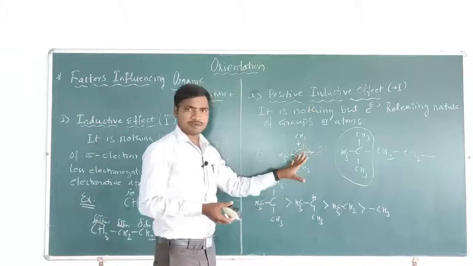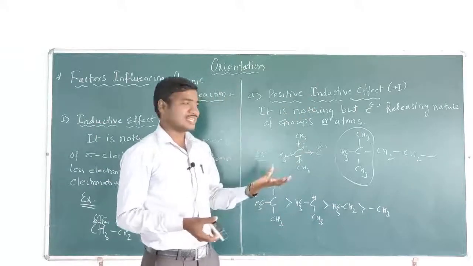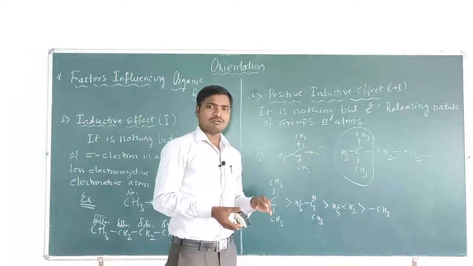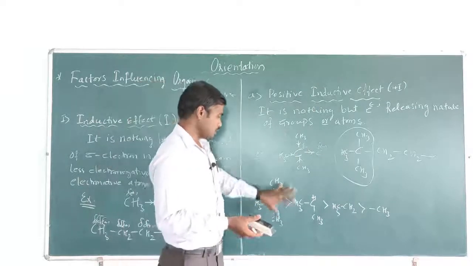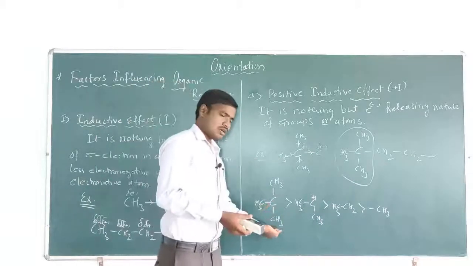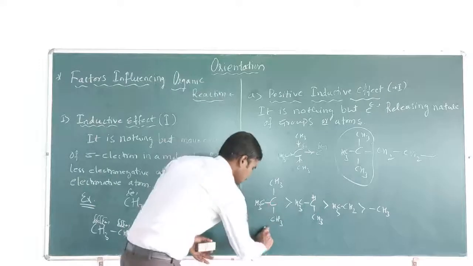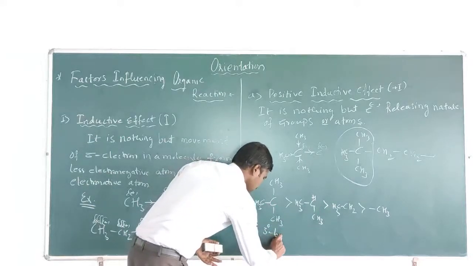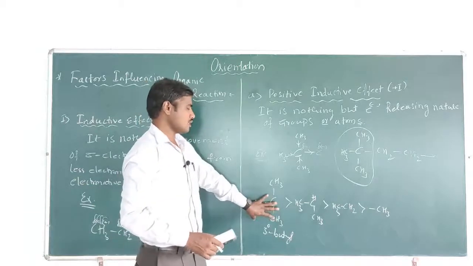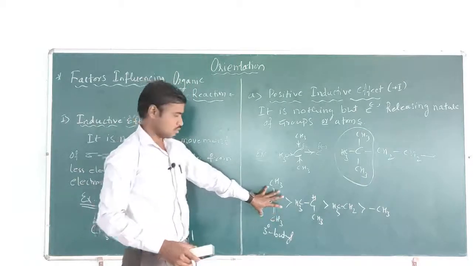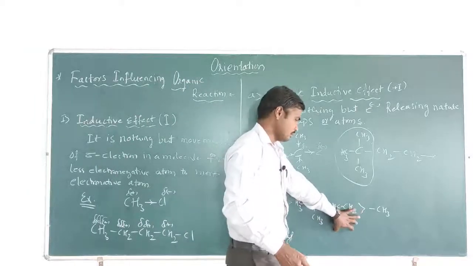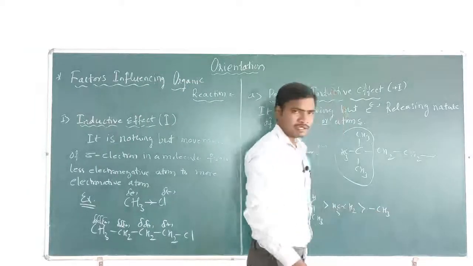So positive inductive effect is nothing but the electron releasing nature of the groups towards the carbon atom, which we call the plus I effect. Some of the groups that show a plus I effect are the tertiary butyl group, which shows a high plus I effect, then the isopropyl group, ethyl group and methyl group.